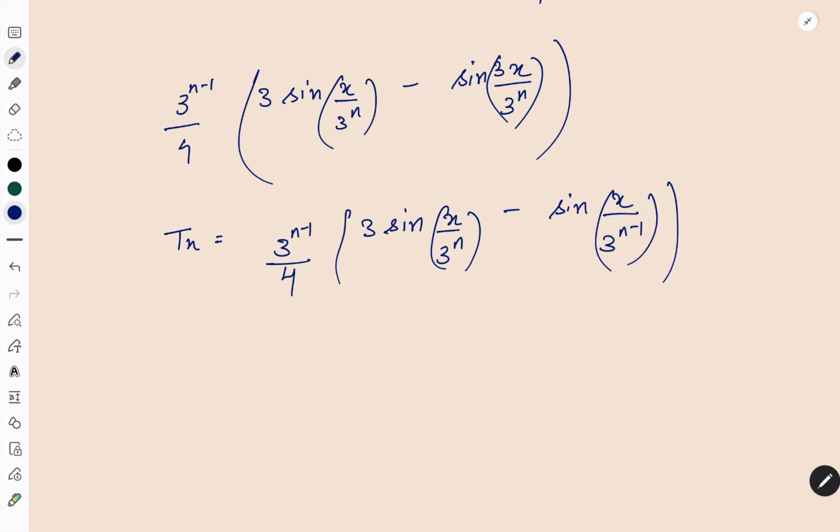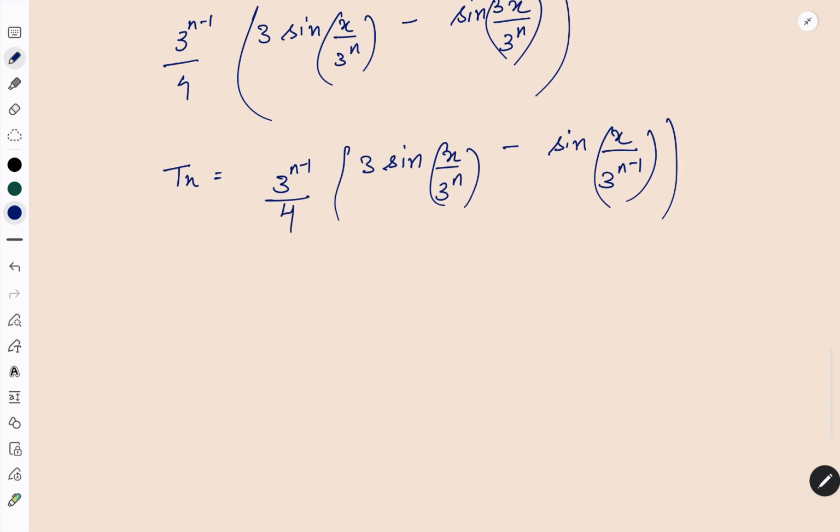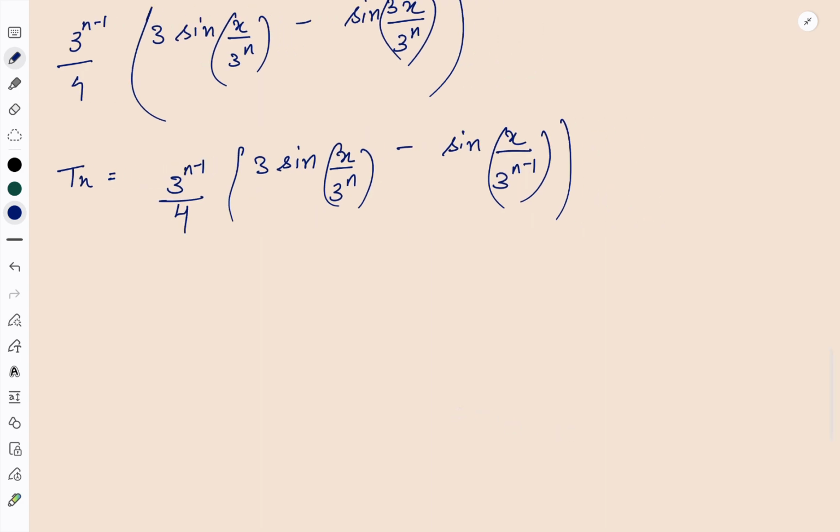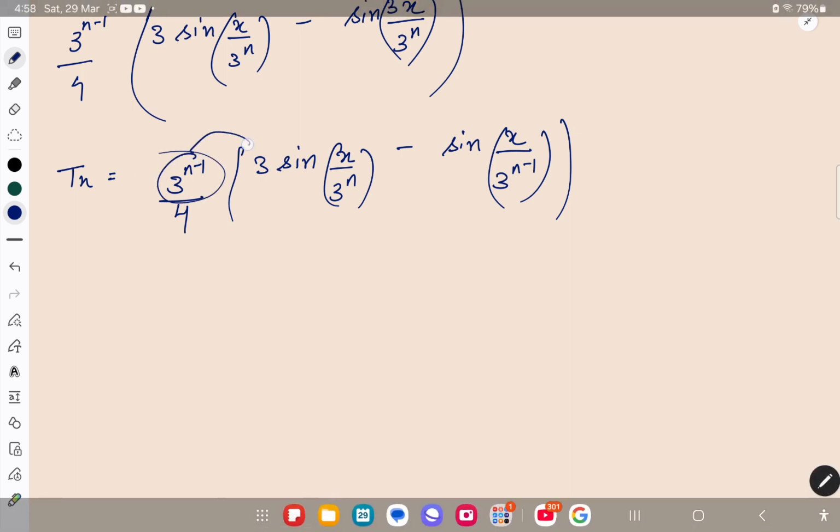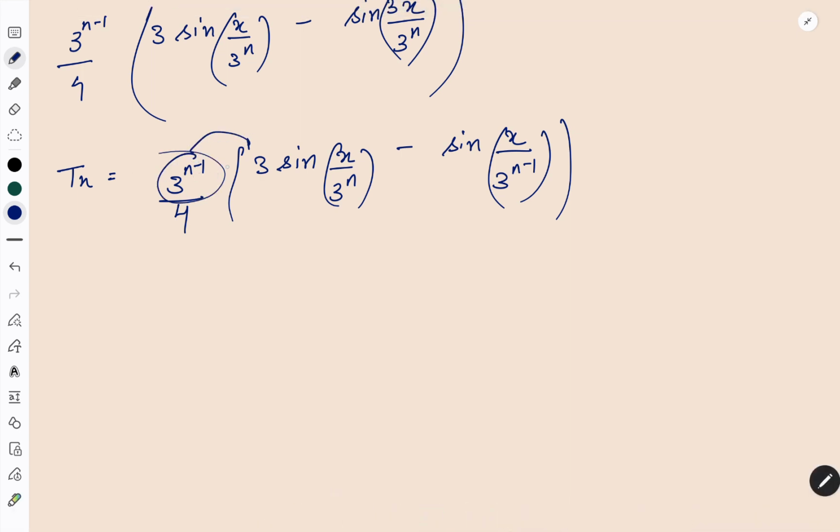So that becomes my t_n, right? I think this looks like I gotta use the telescopic series here. So I gotta rapidly put in the values and then check what happens. First of all, I could multiply this 3^(n minus 1) inside. So this becomes entirely 3^n and this becomes 3^(n minus 1).